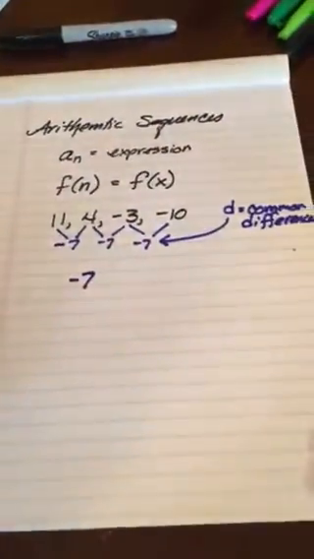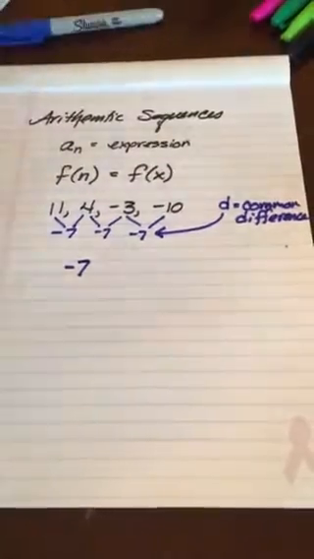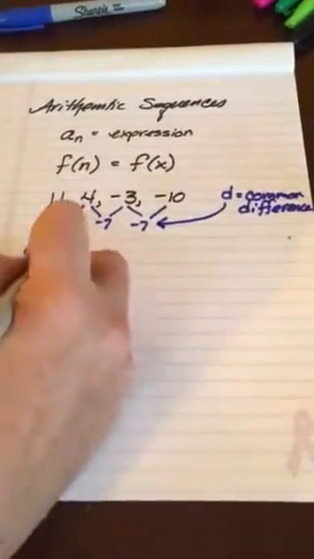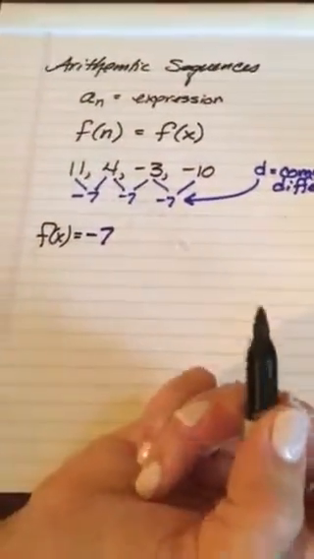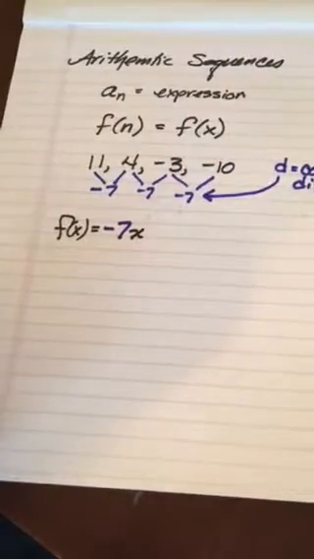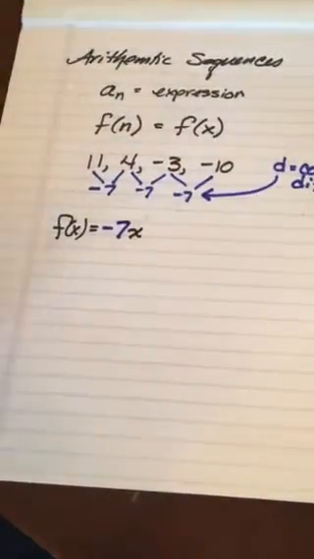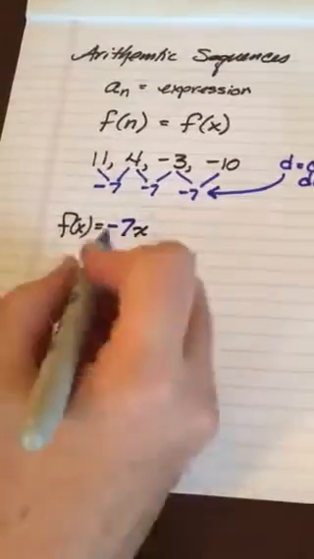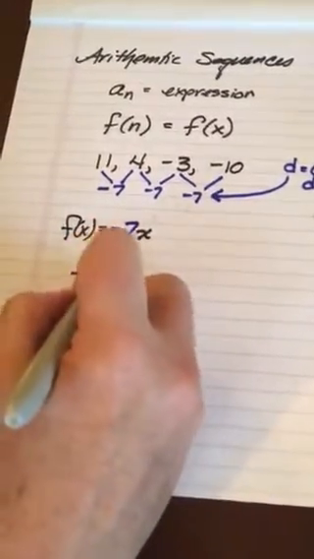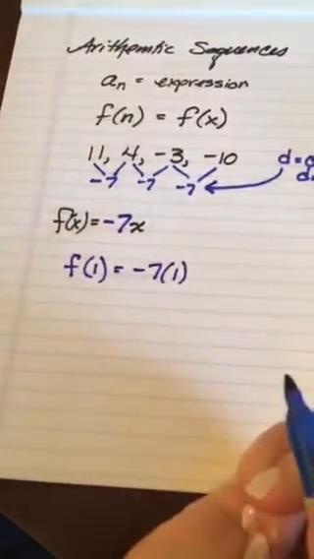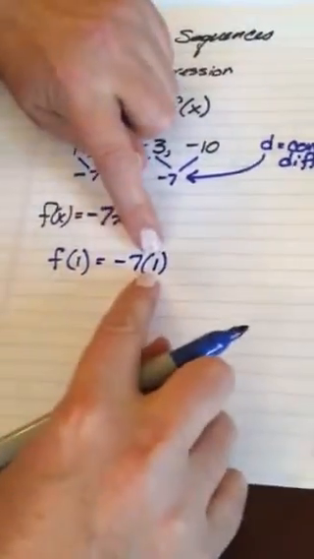So if I consider the f of x format, or the function format for this explicit form, I would have -7x. The only problem is, if I consider the first term, and this is what you have to kind of figure out, that would be -7 times 1.